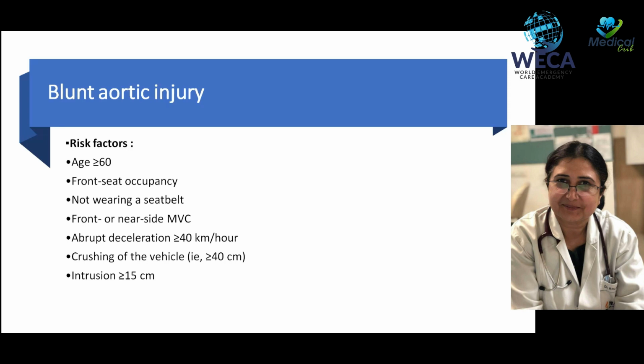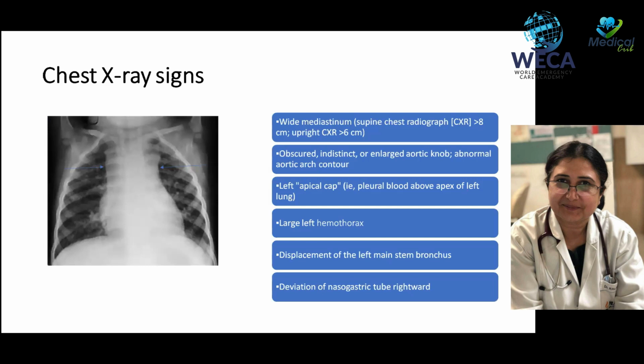All these risk factors point towards blunt injury. And if you encounter an X-ray with a wide mediastinum, on supine chest X-ray if it is more than 8 centimeters, and upright if it is more than 6 centimeters, think of this entity.